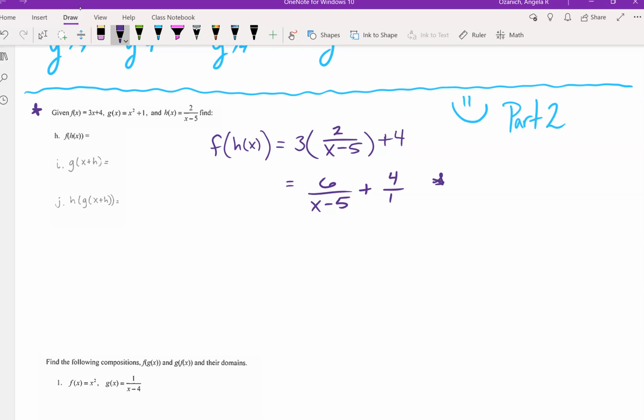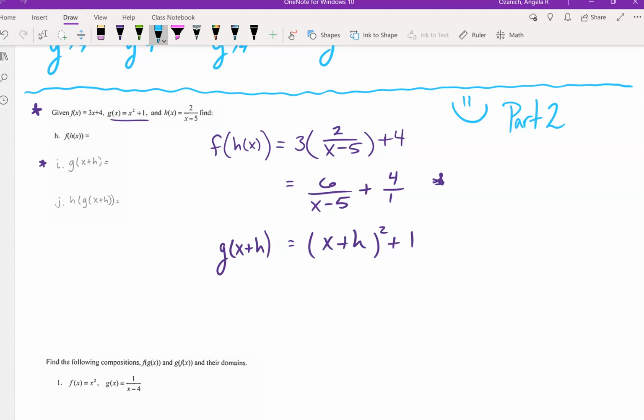And then I think this g of x plus h just means that we are going to plug in an x plus h everywhere in our g function, right, where there's something squared. So that x plus h is going to drop right into that spot.